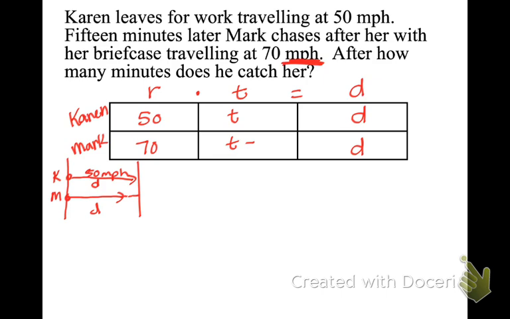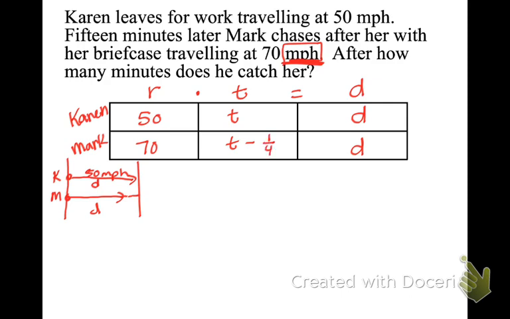I can't use minutes because this is in hours. So how would I convert 15 minutes into hours? T minus 1/4, because 15 minutes is 1/4 of an hour.